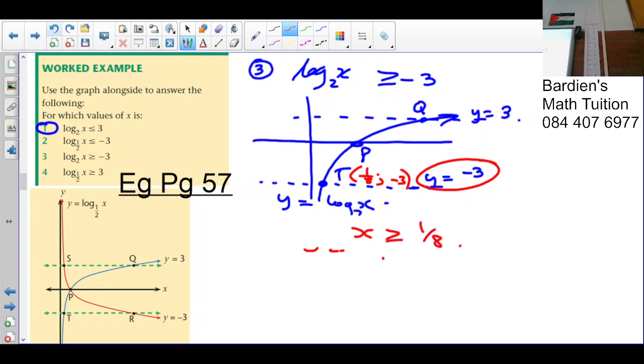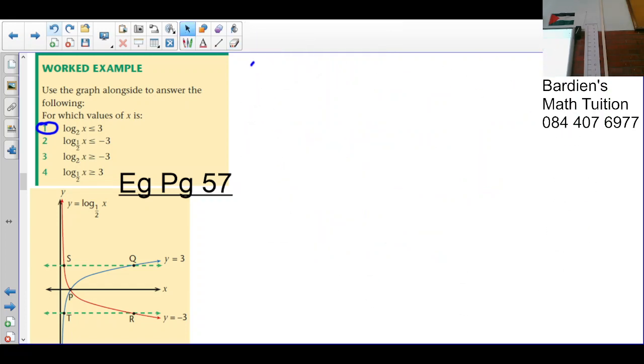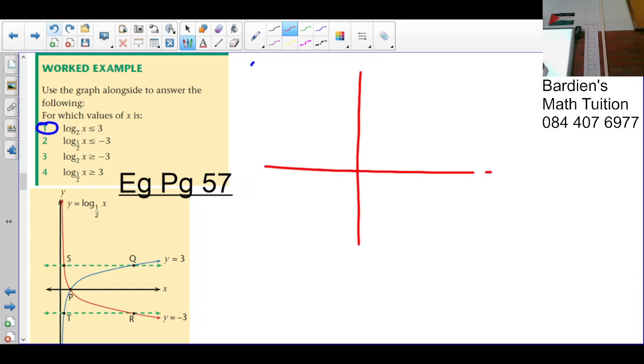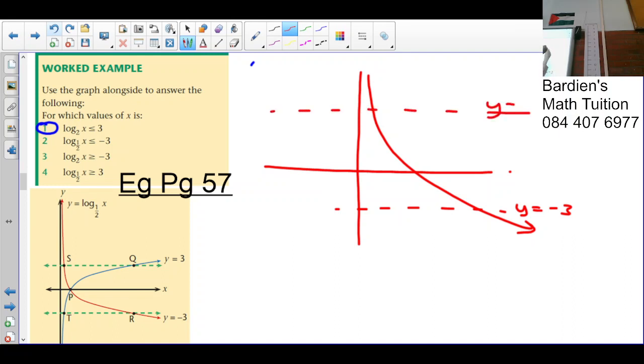You all understand? Let's just do number 2 and 4 quickly. Just look at number 2. So it's a decreasing log graph. That's y is equal to negative 3, and here y is equal to 3. That's your p value.